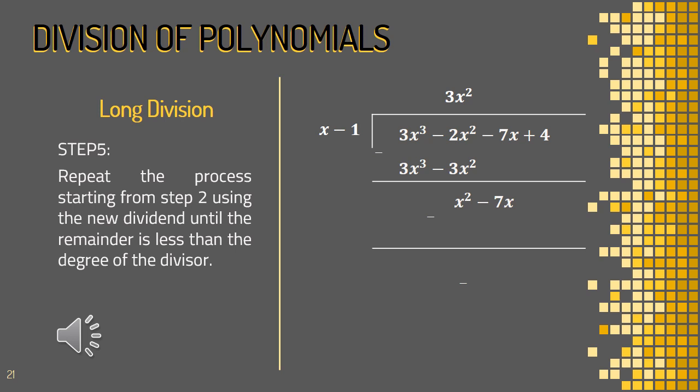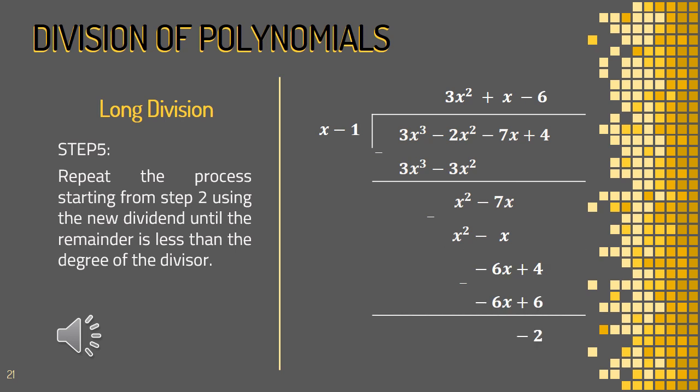The last step is we have to repeat the process starting with step 2 using the new dividend until the degree of the remainder is less than the degree of the divisor. Take note that we will only stop the process if we come up with a remainder wherein the degree is less than the degree of the divisor.